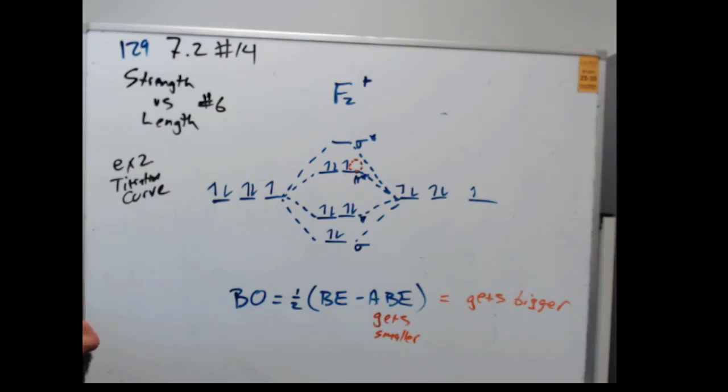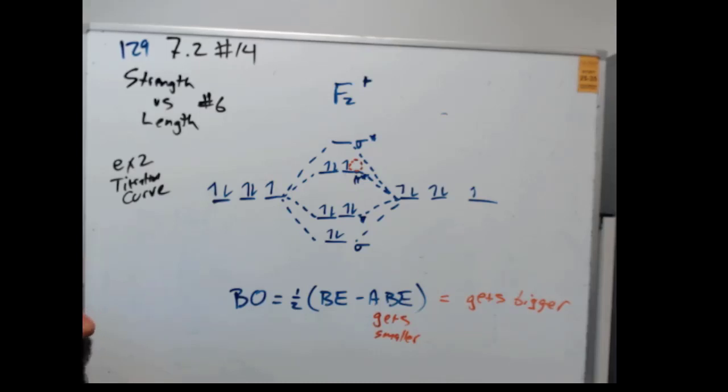So when you remove an antibonding electron, the bond order goes up, which means the bond strength goes up, and the bond length goes down. Bond order and bond strength are directly proportional. Bond length is inversely proportional.